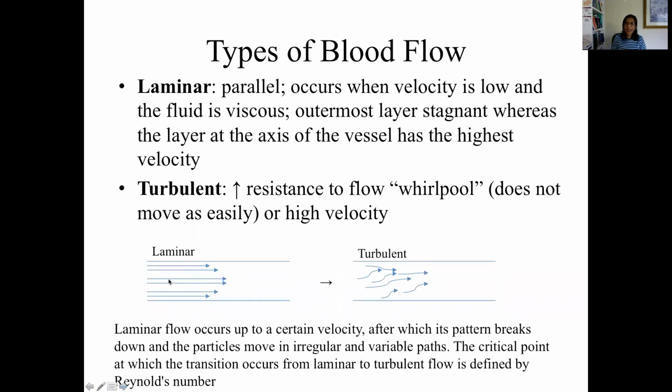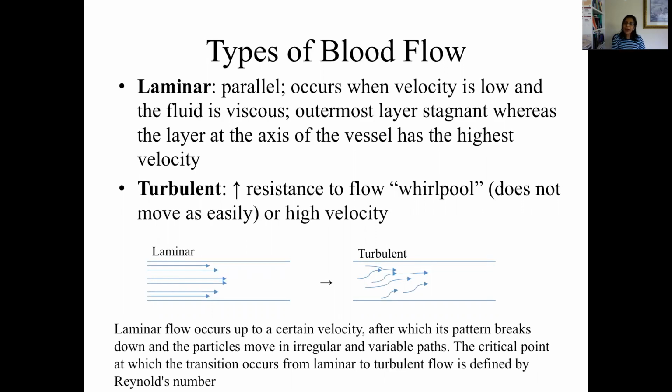They are very distinct. And I'm afraid this is going to be a long video from that point of view. Well, let's begin. So first we talk about the types of blood flow.